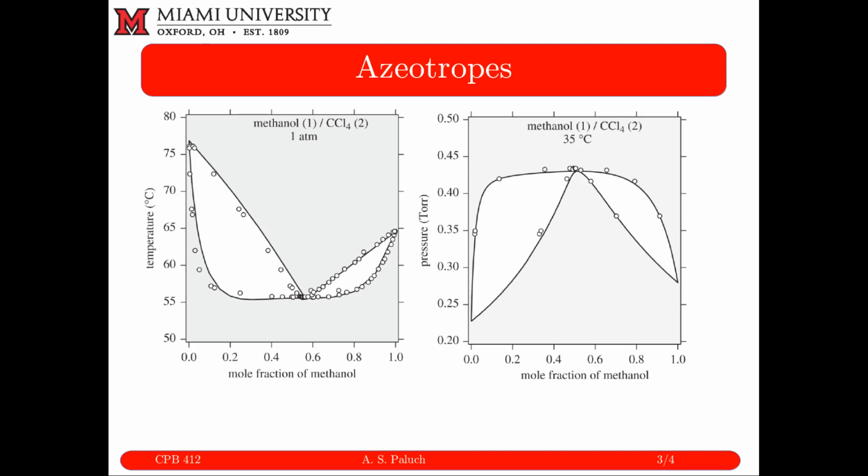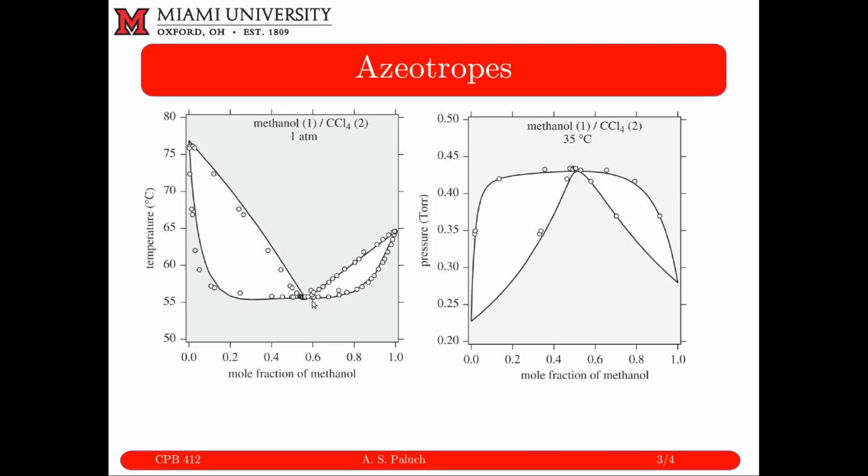Now the last thing to think about is how easy it is to boil my system. What we're suggesting is it's easier to boil my mixture if I'm at this azeotropic composition than it is either pure component.